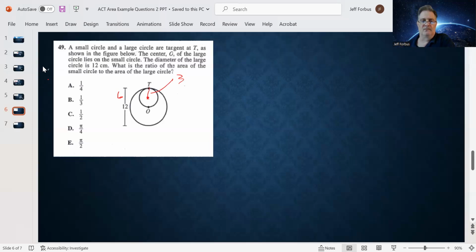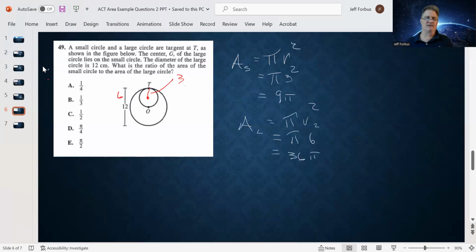Now we know the area of the small circle, A sub S, is going to be pi r squared. So pi 3 squared, that's equal to 9 pi. The area of the large is going to equal pi r squared, where the radius is 6. So pi 6 squared. So that's going to be 36 pi.